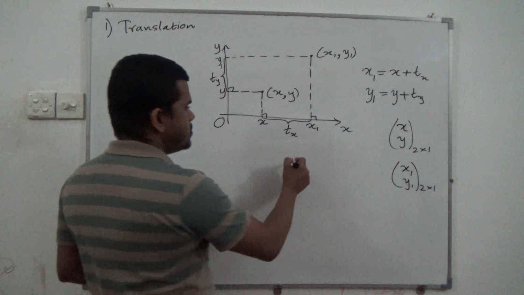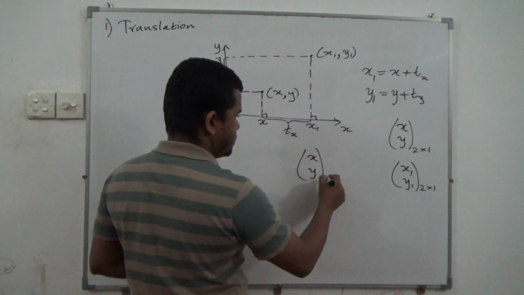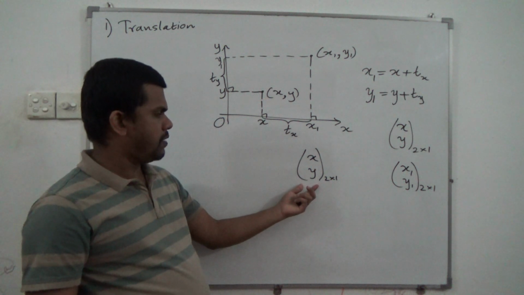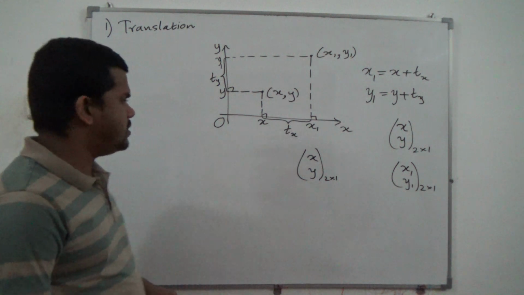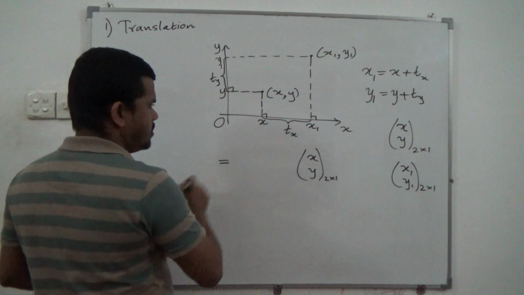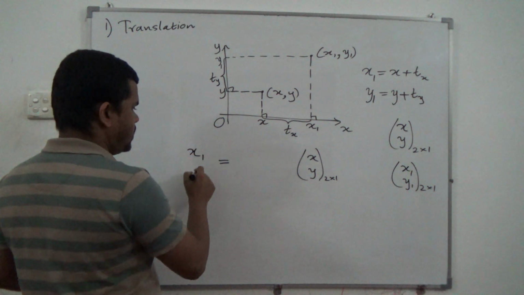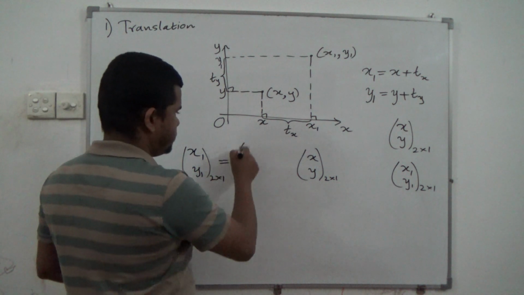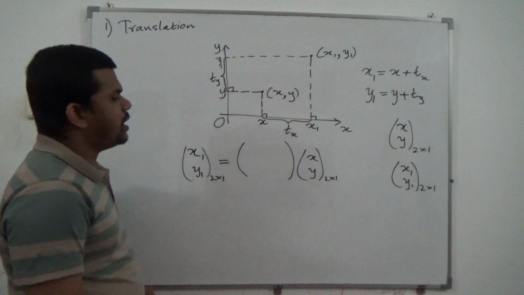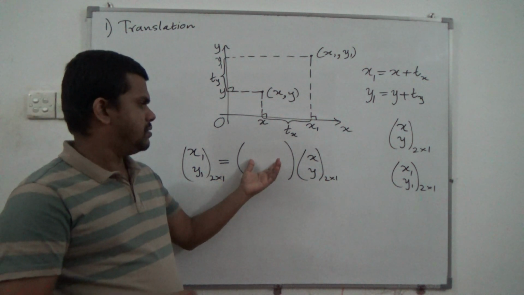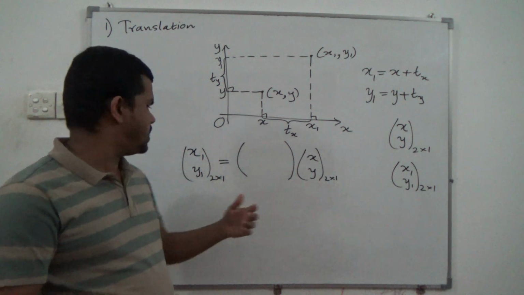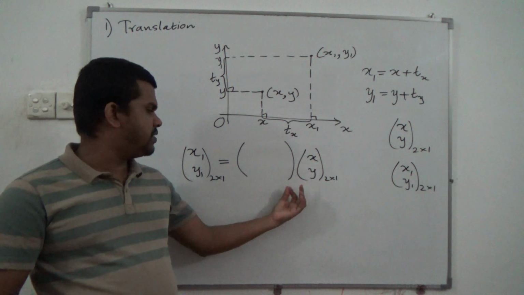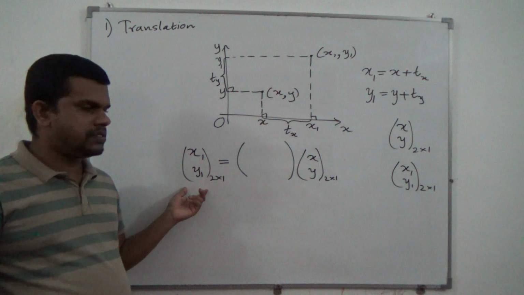Now we have this 2 cross 1 matrix, and then let's say here we have x1, y1, 2 cross 1. We need to find a matrix that can transform this matrix to this. In other words, if we multiply these two matrices, we should get this matrix.